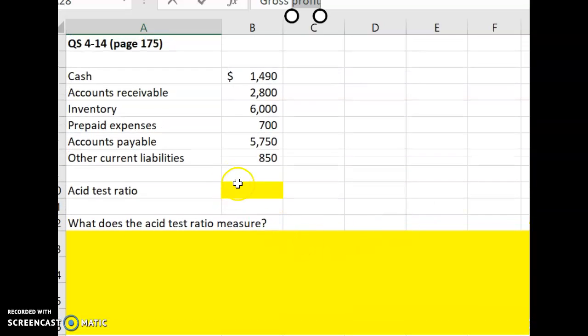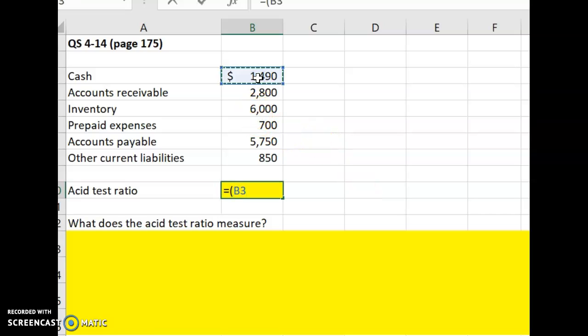In number 7, you're asked to compute the acid test ratio. I'm going to need to add cash plus accounts receivable. I don't include inventory or prepaid expenses.